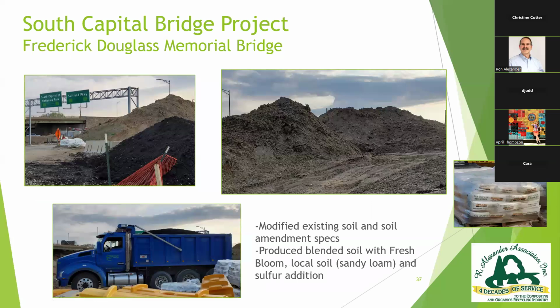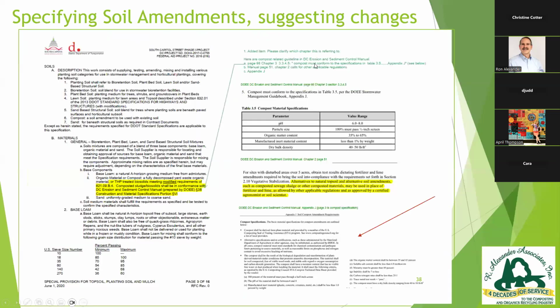I do want to mention that when we talk about specifications, specifications can be modified. So the better you get at understanding the soil data and the soil amendment data, the more you can help clients. Here's a good example where I was involved in a project, the Frederick Douglass Bridge project, where compost was specified, but compost was not available, it was sold out.